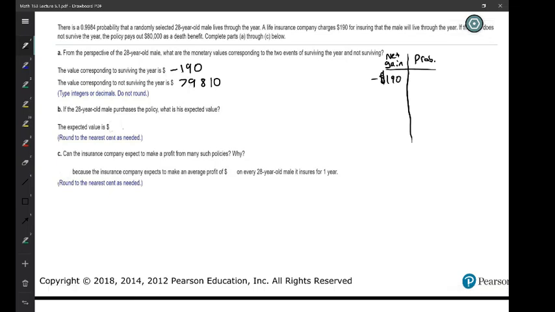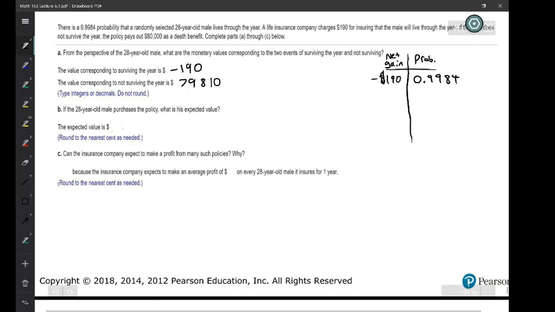It's very likely that that's going to be the outcome: a 99.84% chance that the male will survive and then be out $190.